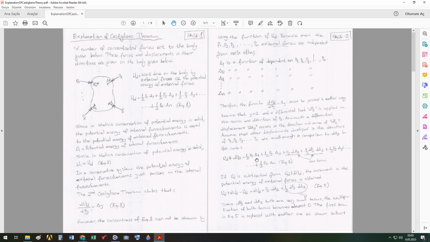That's why they are neglected in the expression. If UD is subtracted from UD plus dUD, the increment in the potential energy of external forces is obtained as so.